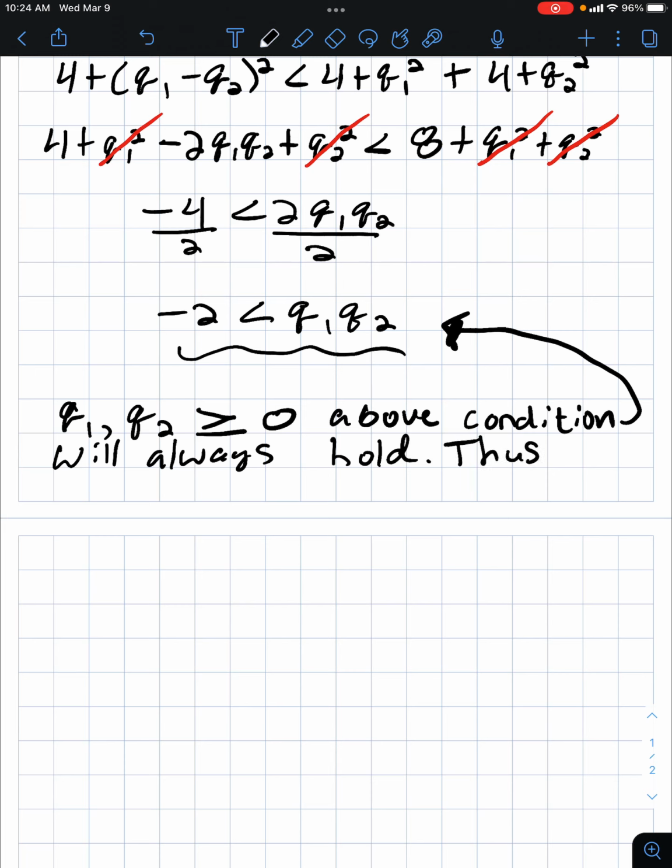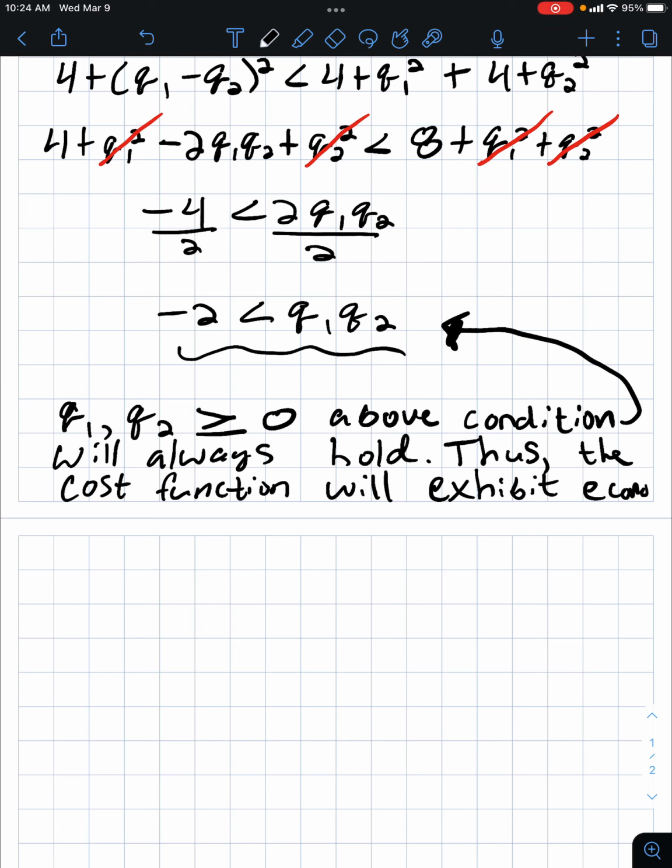Thus, the cost function will exhibit economies of scope.